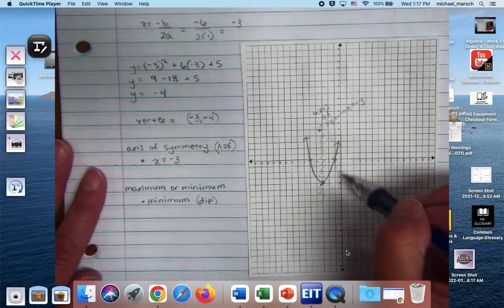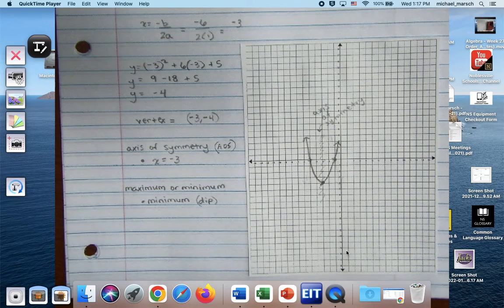That would be a maximum. So our vertex is the minimum of the parabola, right? If it was more like a mountain, our vertex would be a maximum of the parabola. Questions so far? It's all kind of coming together.